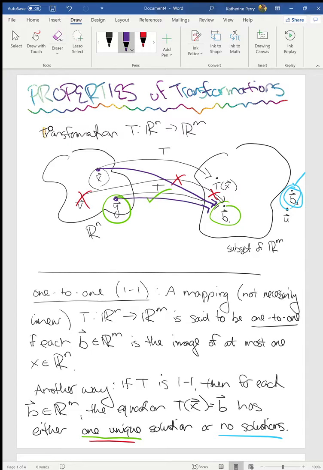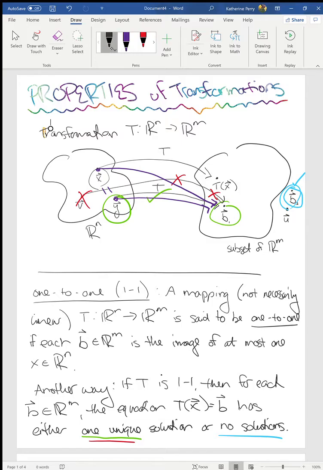Well, if the transformation is one-to-one, we know that can't happen. I can't have them both going there. The only way this would be possible is if x were to equal y. If x equaled y and they both went to b, then that would be completely fine.